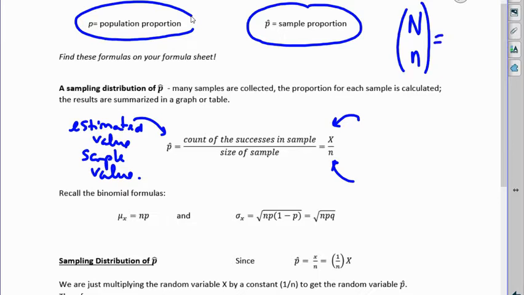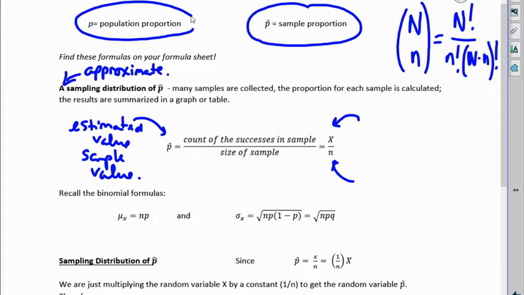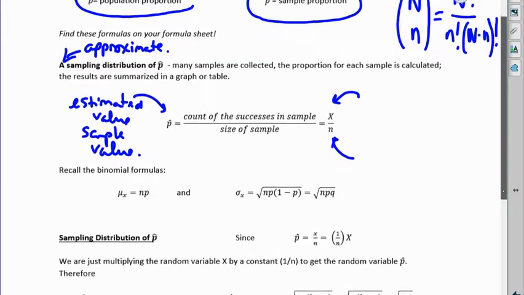Generally speaking, that is an incredibly large number, and so we generally don't do a true sampling distribution, but an approximate one. Just remember that is another place where you want to sound like you don't have the exact. But if we do this, we can think of our results in two ways.